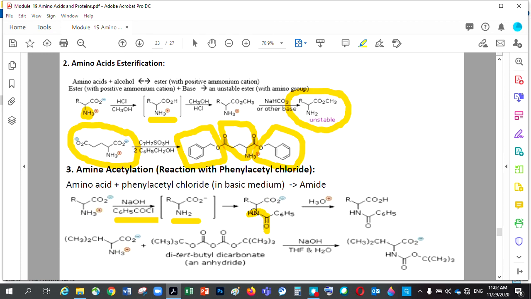See here, the peptide bond between carbon and nitrogen, this is an imide. So you can make an imide out of amino acids in what they call an amine acetylation reaction.